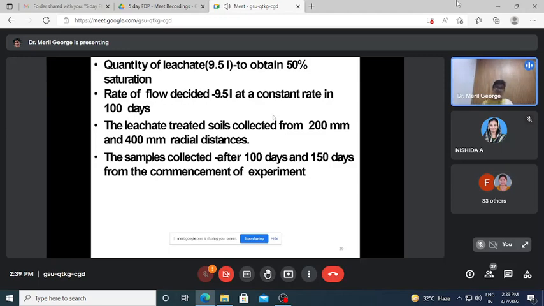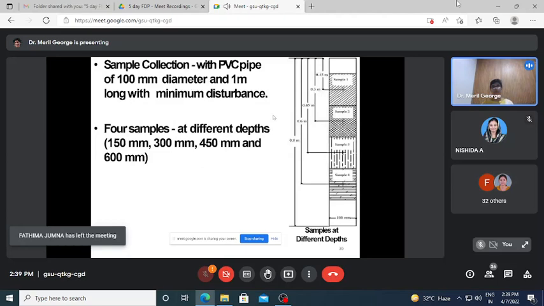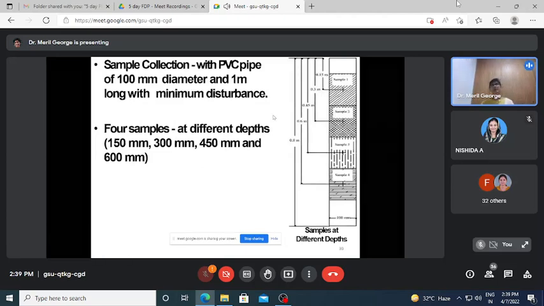The samples were collected at two periods: immediately after stopping the passage of leachate, that is after 100 days, and after another maturing period of 50 days. So after 150 days also I collected soil samples, and tests were conducted on these samples.